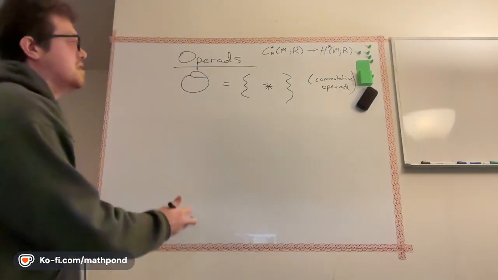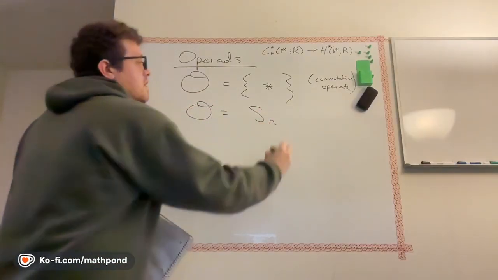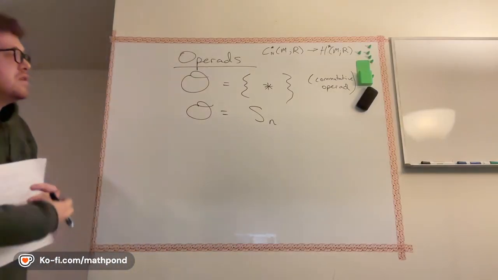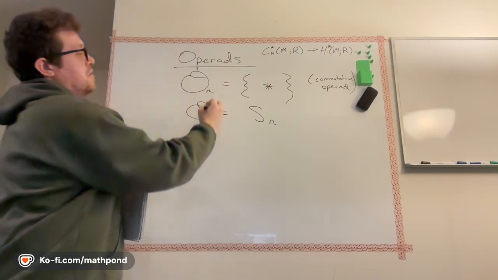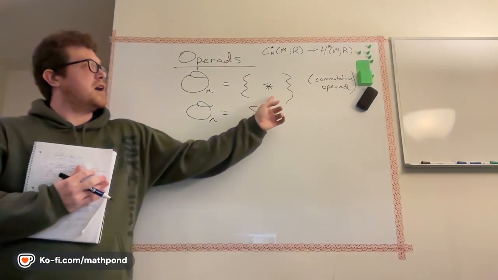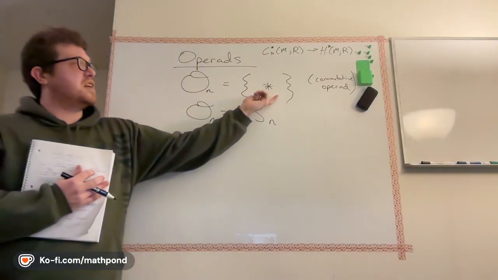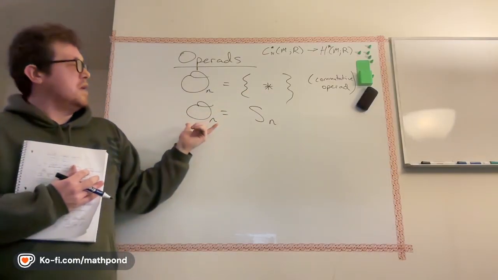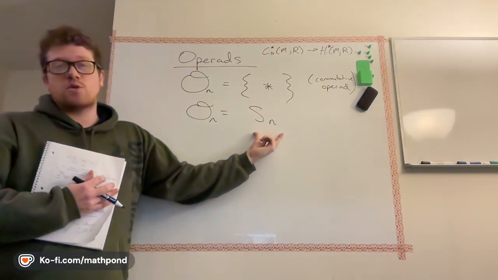So the second simplest operad would be Sn. Well, really, for operads there's one for each n. So when I take n elements, these are the set of operations I have for those n elements. The previous one was saying there's only one way to multiply them. When I have n elements here, it's saying that there's n factorial ways to multiply them.